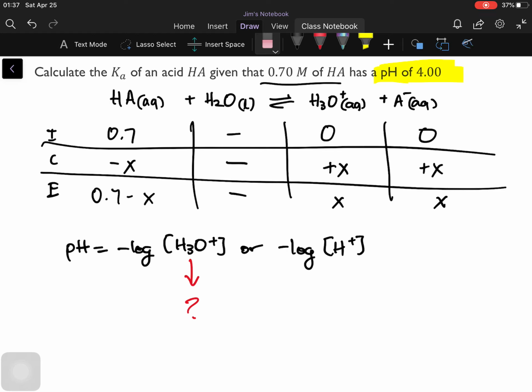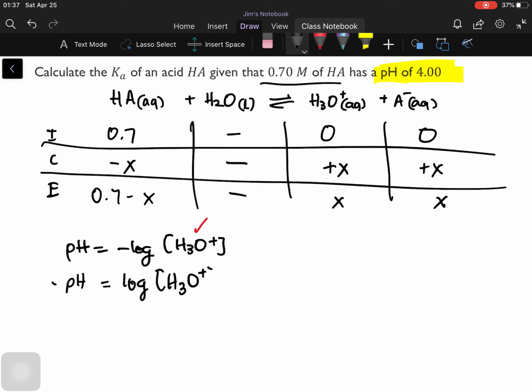Okay, so in order for us to solve for the value of the hydronium ion in equilibrium, we have to remove the H3O term from the log function using the anti-logarithm function. So you have to multiply both sides by a negative sign. Okay, so using the anti-log function, we'll get the concentration of H3O being equal to 10 raised to negative pH.